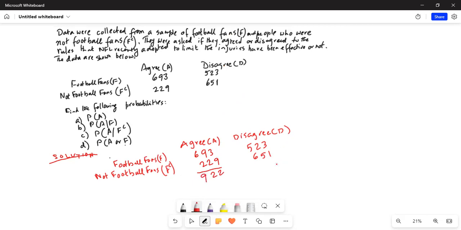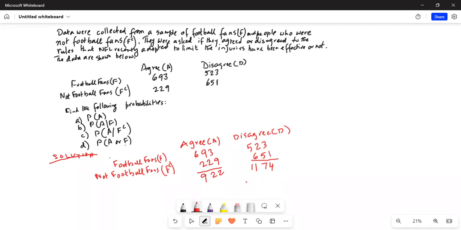Okay. Similarly, I will find the total number of people who disagree by adding the second column of data: 523 plus 651. And that total is 1,174. So there are 922 people who agree and 1,174 who disagree.